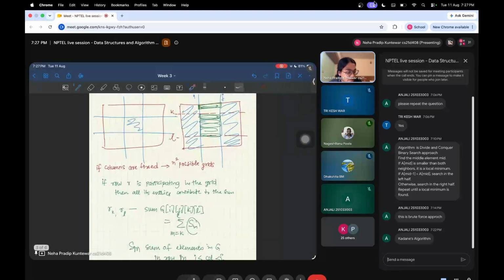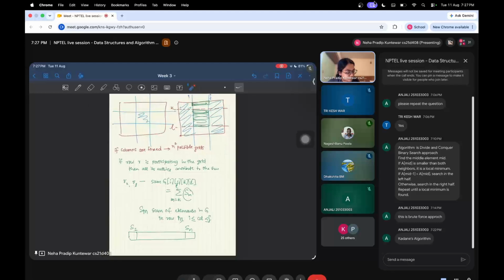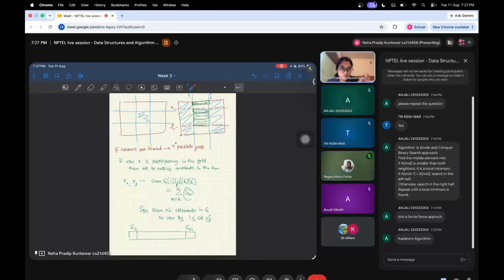S1 denotes the sum of all the entries in the first row between I and J and so on, right? So you're going to sum up all these row elements between these two columns and you'll write it here.